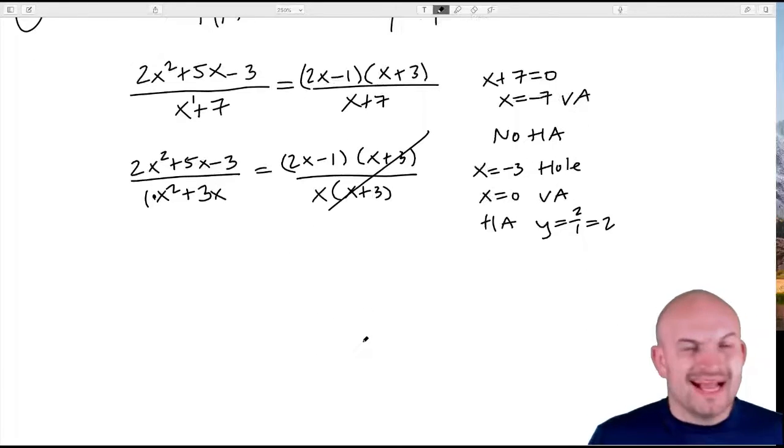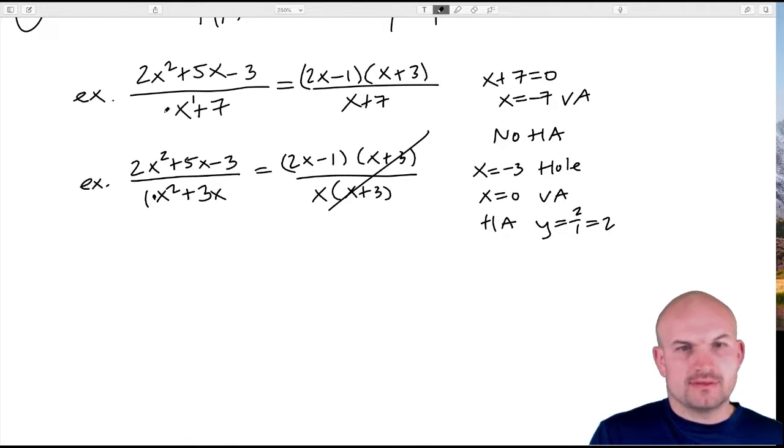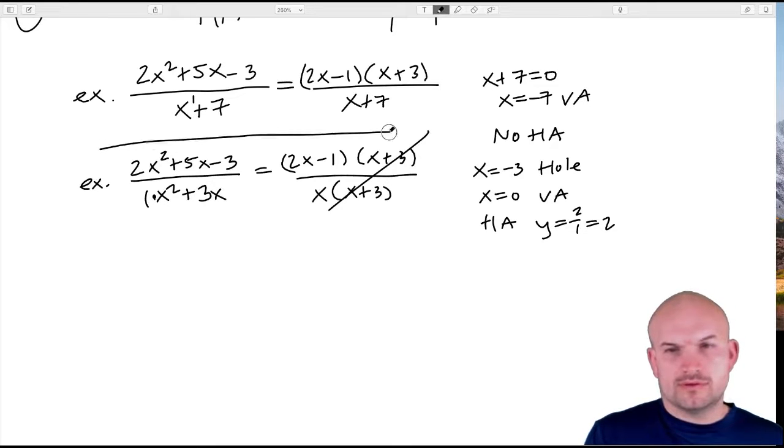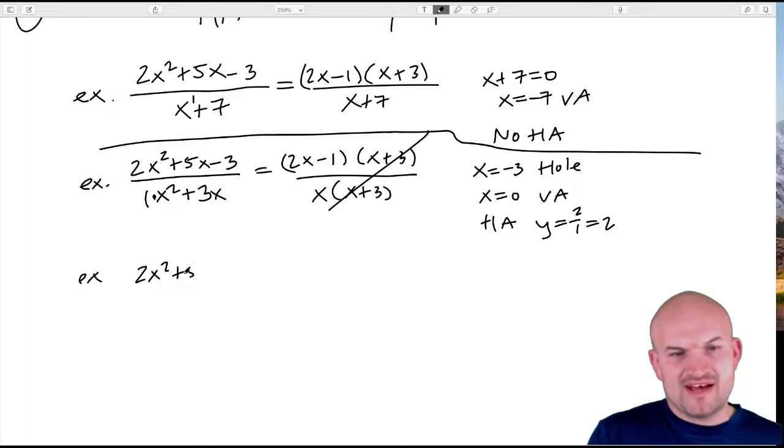All right, and then the last example is, so I guess I do my examples like this. Okay, the last example is, what if I had 2x squared plus 5x minus 3 all over x cubed?